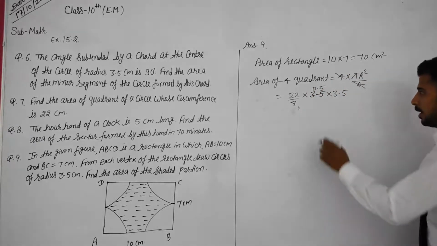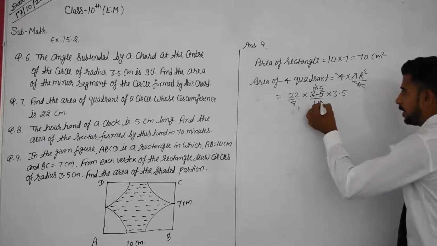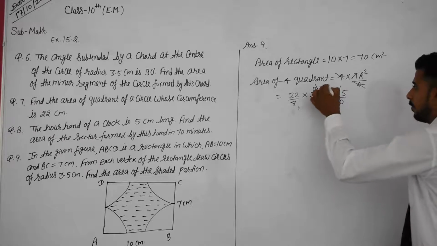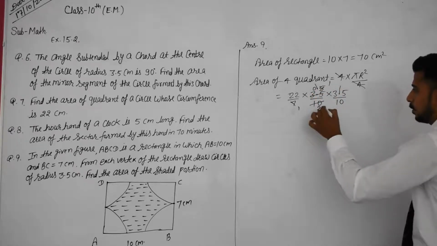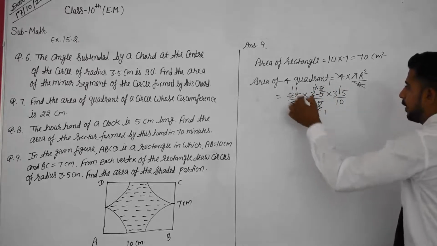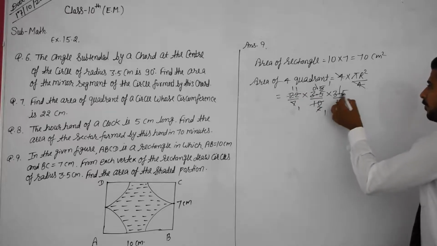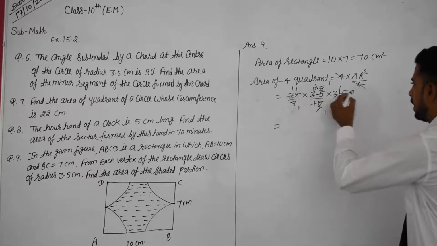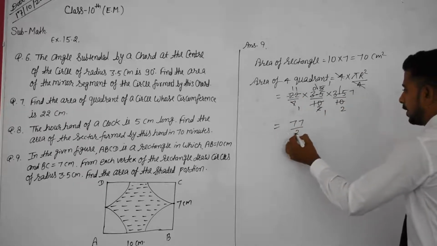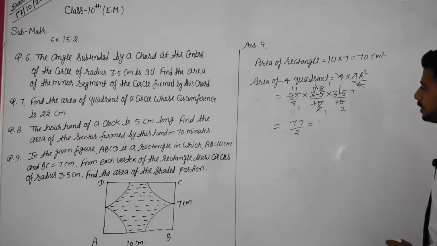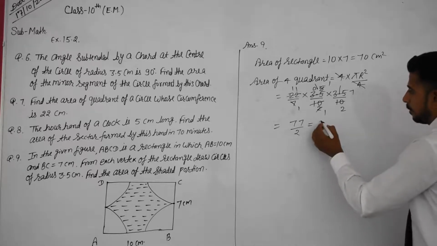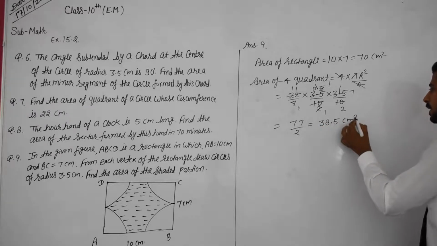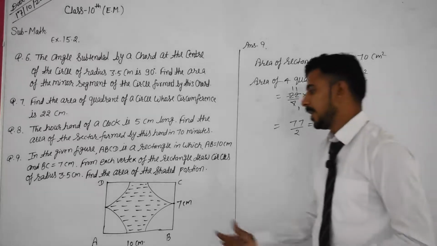Now if the point is removed, then the denominator is 10, and here if the point is removed, the denominator is also 10. 5 ones are 5, 5 twos are 10, 2 ones are 2, and 11 twos are 22, 5 sevens are 35. It means in the numerator the value is 11 and 7, 11 sevens are 77 upon 2, value is 38.5 square centimeter.